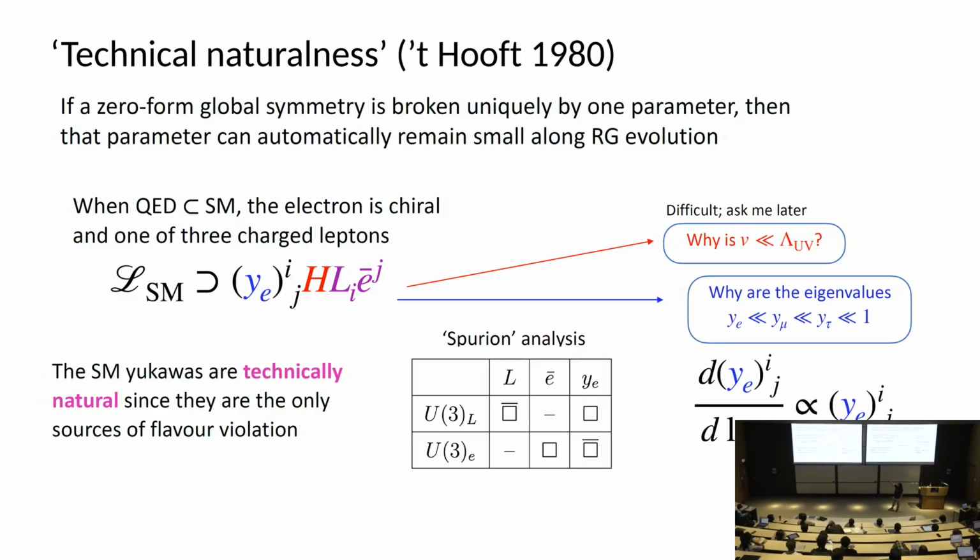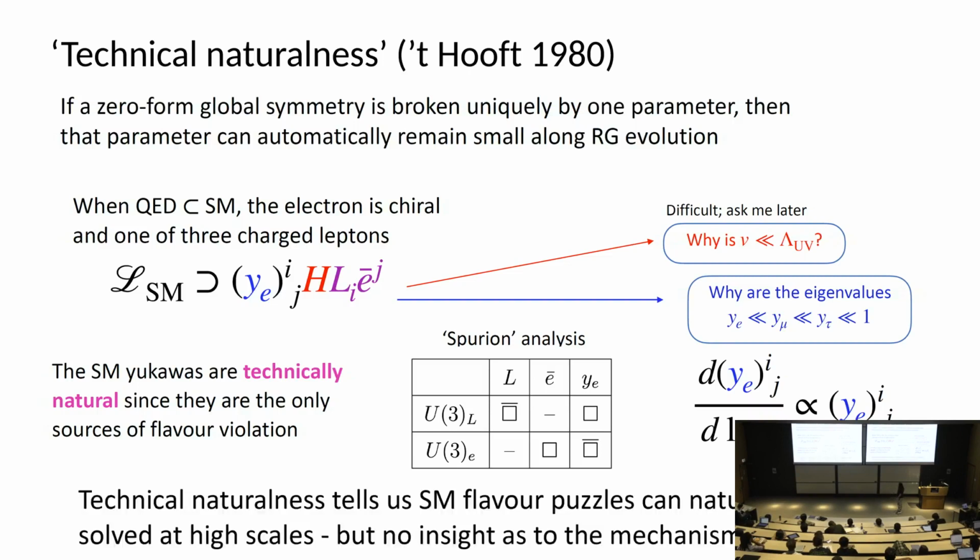And now, when we calculate anything we want, the quantum field theory doesn't know that those are actually numbers and not background fields with this representation. So everything we calculate has to respect this spurious symmetry. And in particular, the renormalization group evolution of the Yukawa matrix must be proportional to itself, since there's nothing else you can write on the right-hand side with the right spurious symmetry charge.